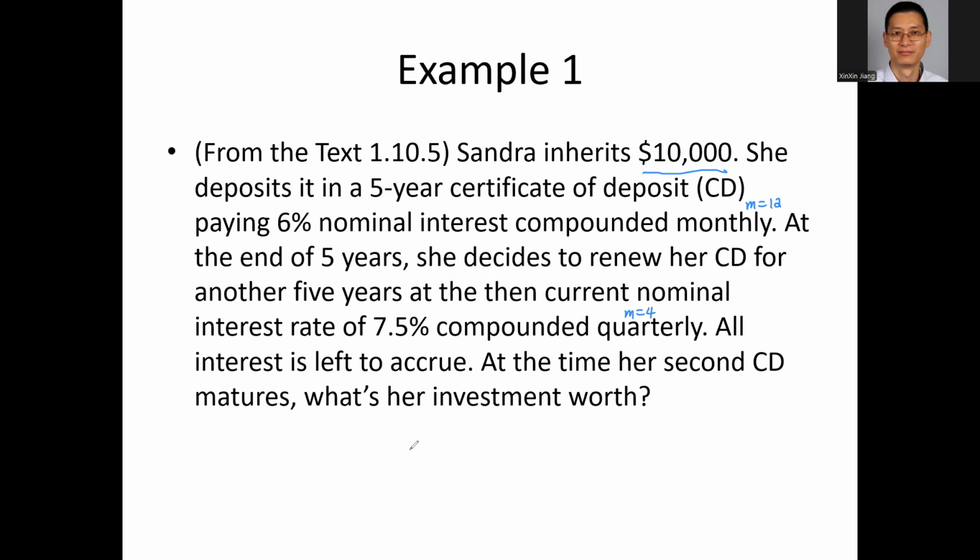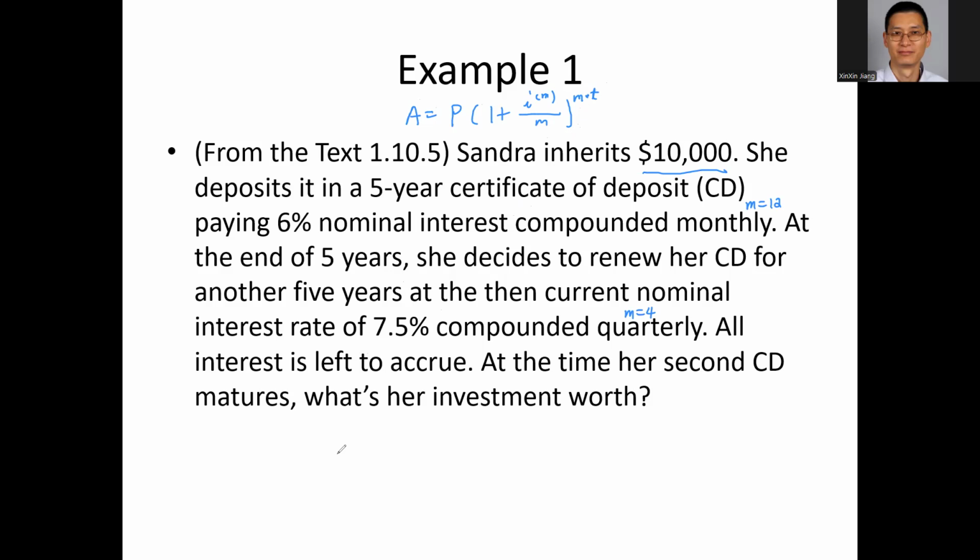So the idea is to use the amount formula, which is the principal times 1 plus i to the parenthesis m over m, to the m times t. t is the number of years, m is the number of times the interest rate is compounded per year.